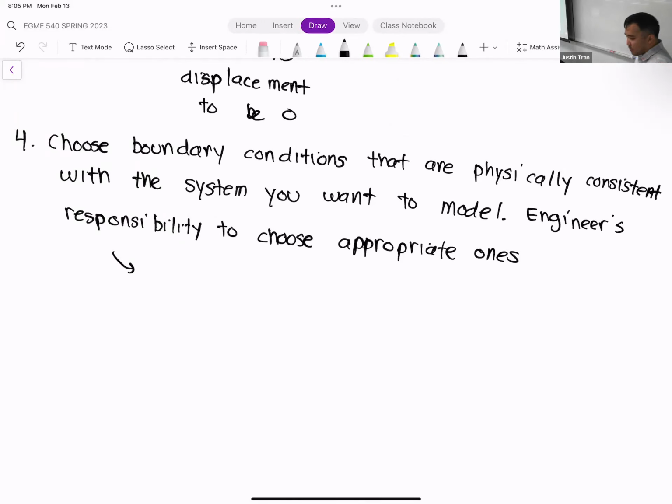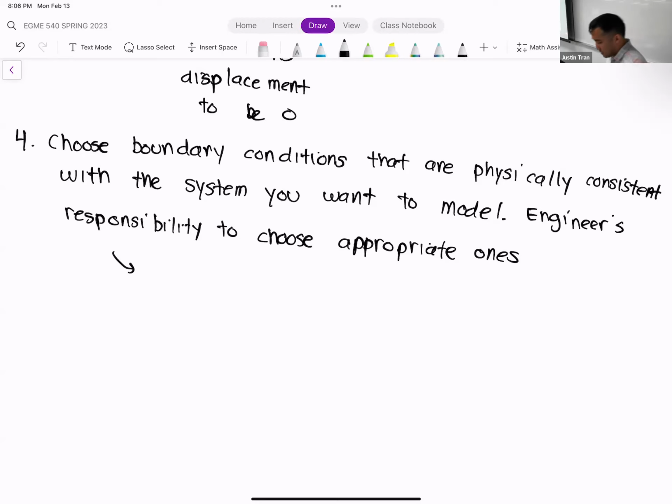And for the problems that we've been doing so far, and I would say this is relatively true for most of the activities that we're doing, of course, it's very obvious what the boundary conditions should be because I give it to you in the activity basically. Okay. But in reality, a lot of times there's not going to be a straightforward decision that you have to make in terms of the boundary conditions. Okay.